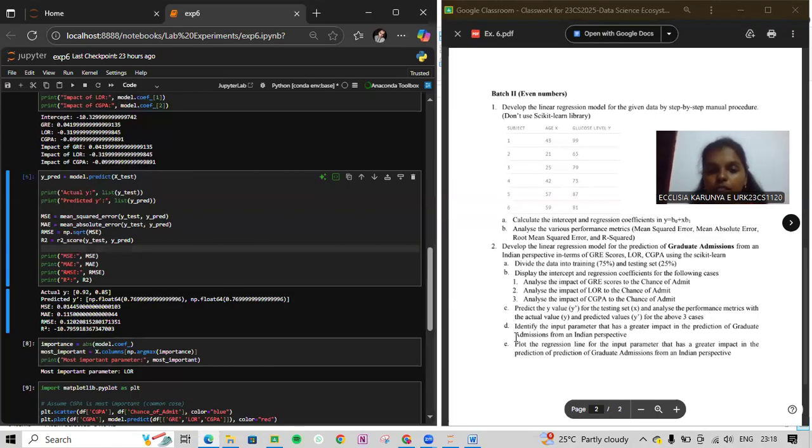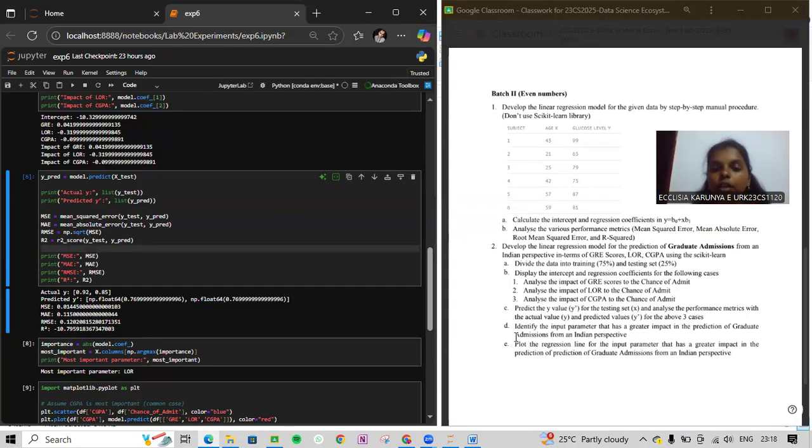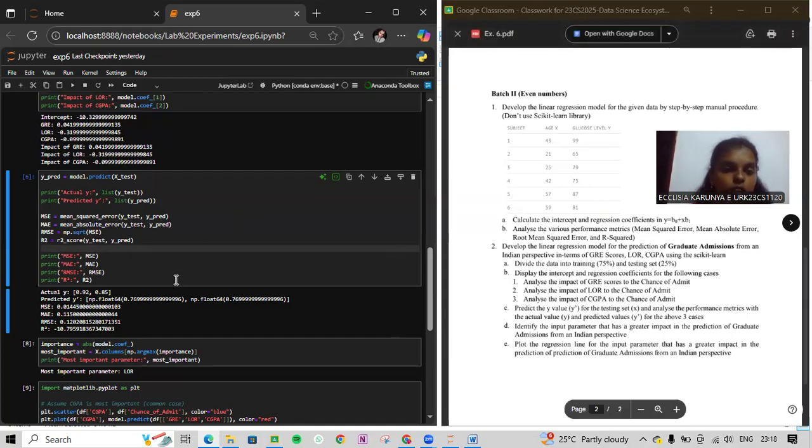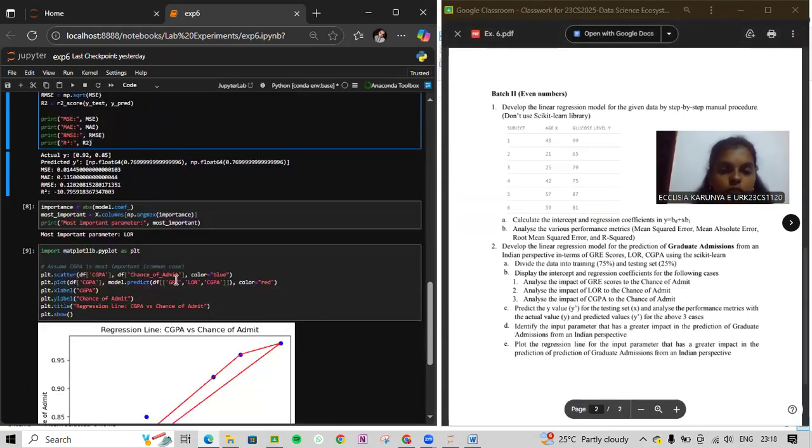The fourth question is to identify the input parameter that has a greater impact in the prediction of graduate admissions from the Indian perspective. Now we are going to find the greater impact. So we are comparing the size of the coefficients of the three cases.